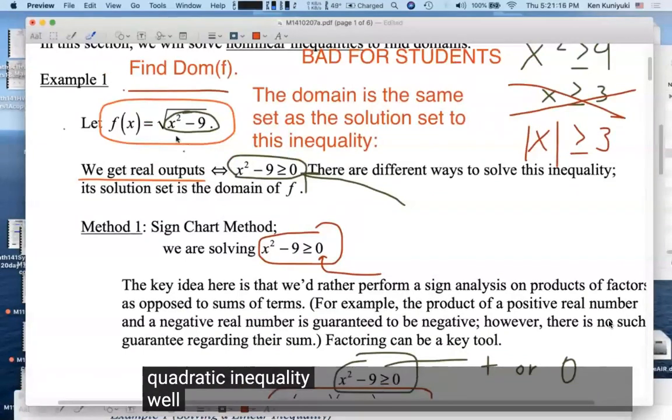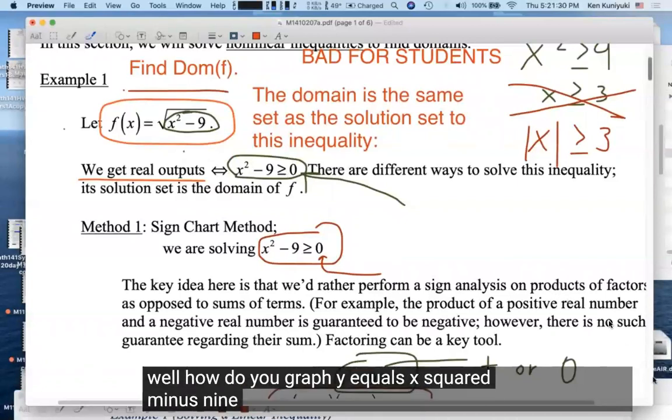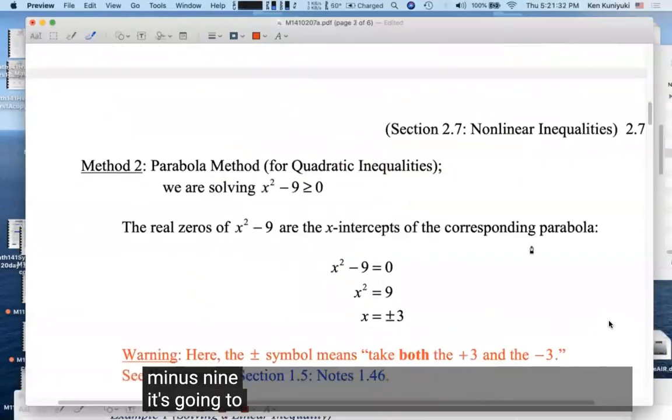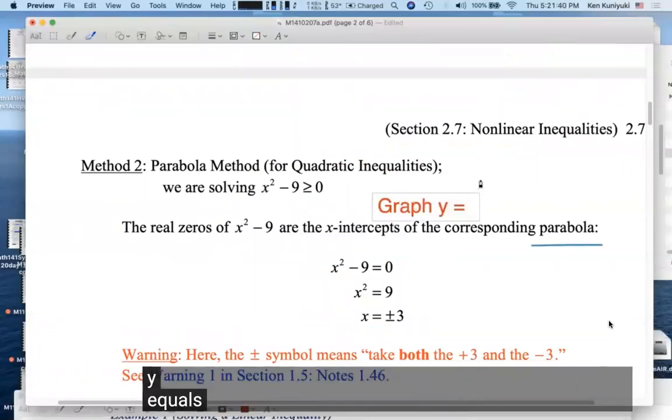In order to figure out where this thing is positive versus negative, it would help to graph y equals x squared minus 9. How do you graph it? It's going to be a parabola. So let's graph y equals the radicand, y equals x squared minus 9.